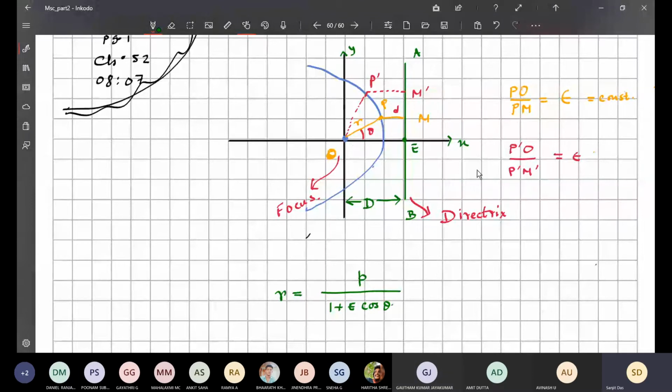Those 2 points are very important. Along the x-axis, I call it V. Along the y-axis, I call it Q. This distance OQ is nothing but small p. Is it clear for everybody which distance I am talking about?